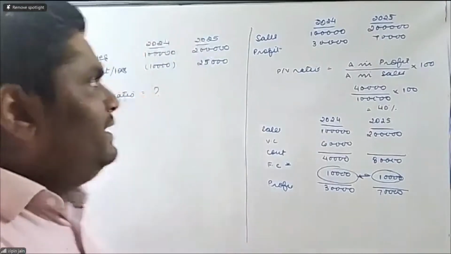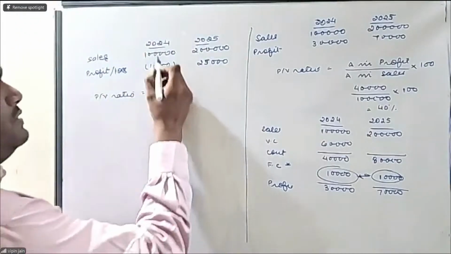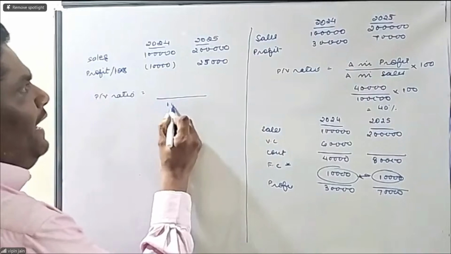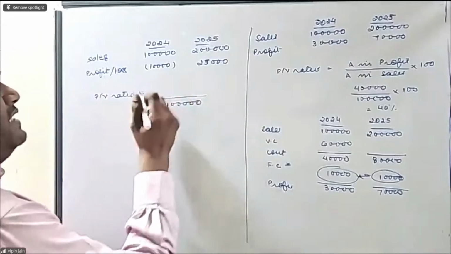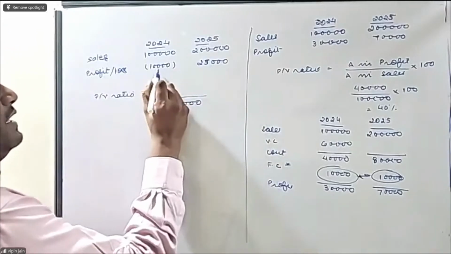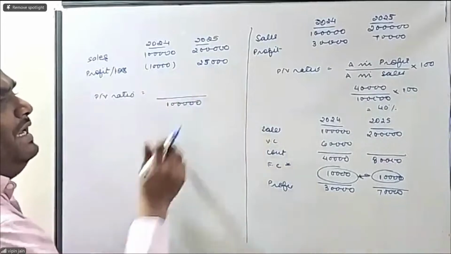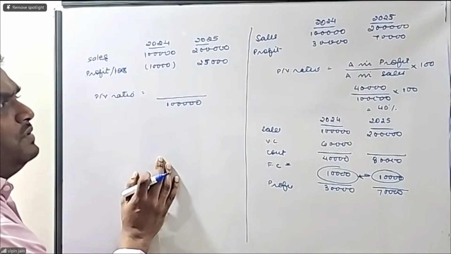So see, my change in sales is 1 lakh. And my change in profit will be, see, first year there is a loss of 10,000 and second year there is a profit of 25,000.